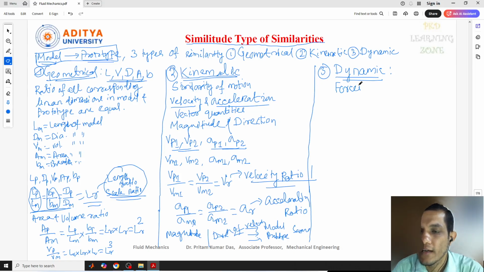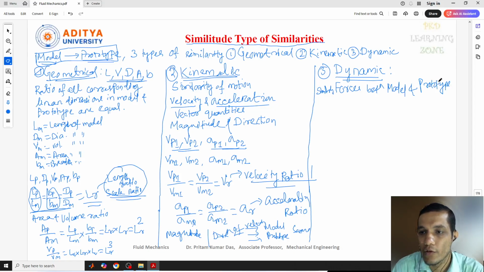The similarity of forces between model and prototype should be the same, and all the directions of forces should be the same for all the points.